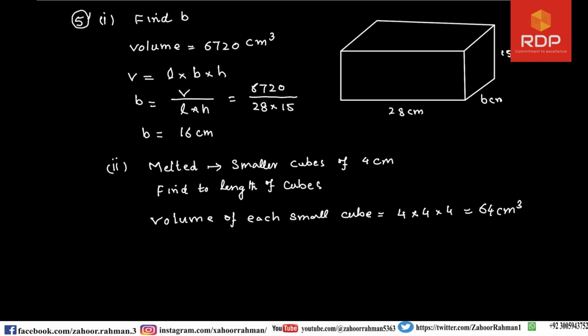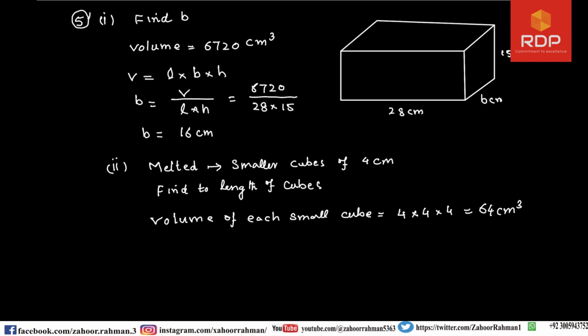Now 1 cube is 64 and the total volume of that cuboid was 6,720. So we have to divide that 6,720 by 64, and we will get the required number of small cubes.